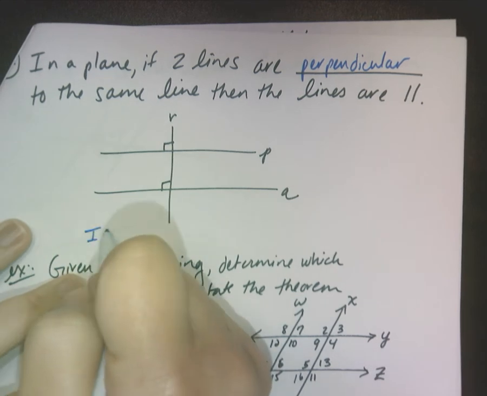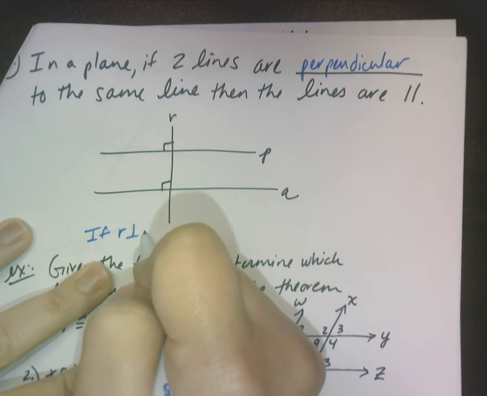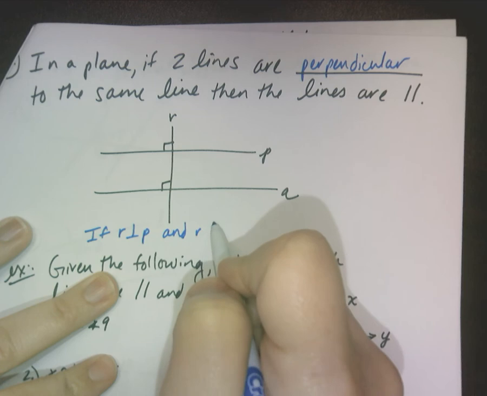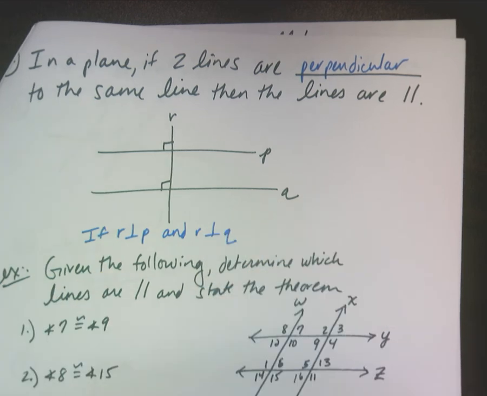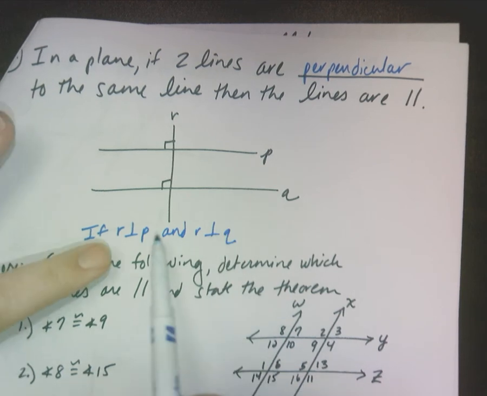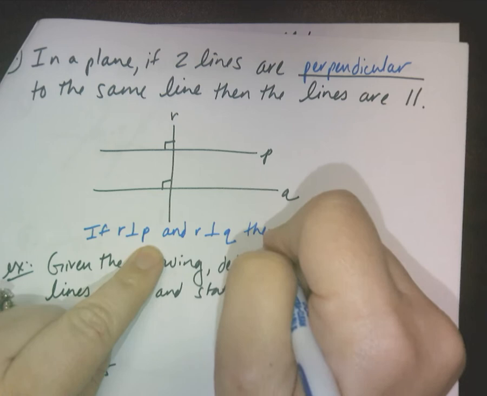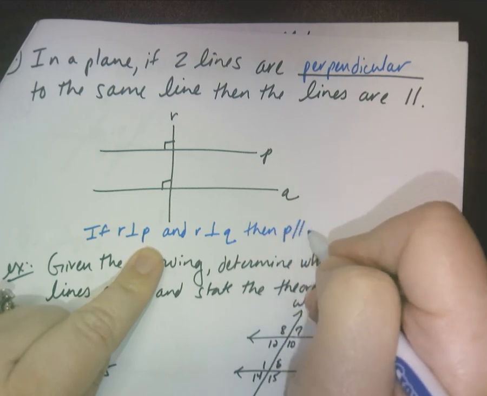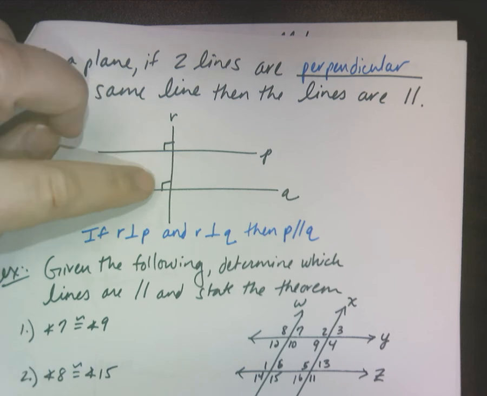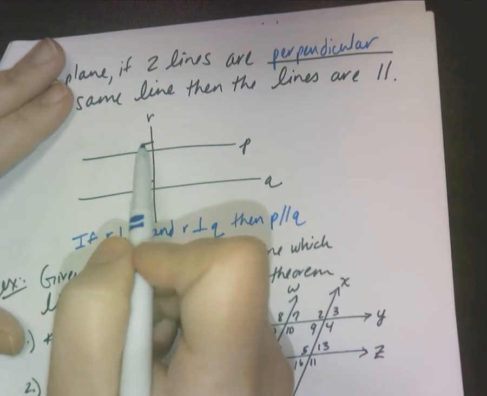This means if I told you that R and P are perpendicular, and I told you that R is perpendicular to Q. Okay, so in a plane, two lines perpendicular to that same line R, then P must be parallel to Q. And that again goes along with the corresponding angles both being 90 right here. There's that F shape, that backwards F shape.